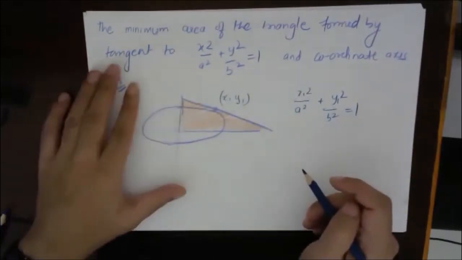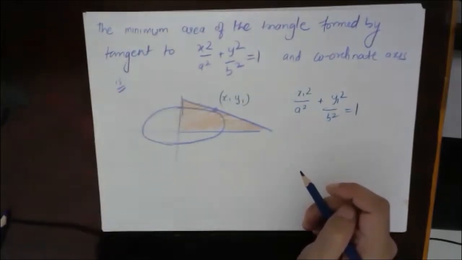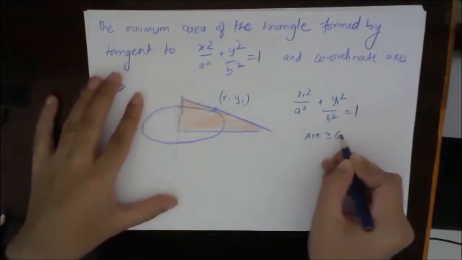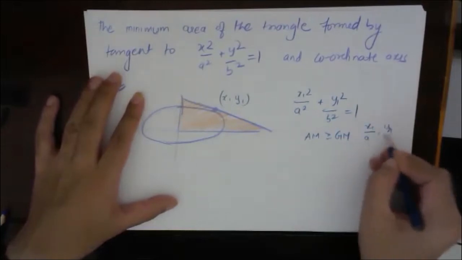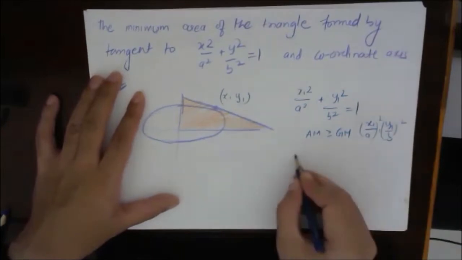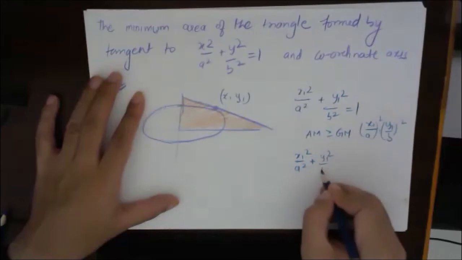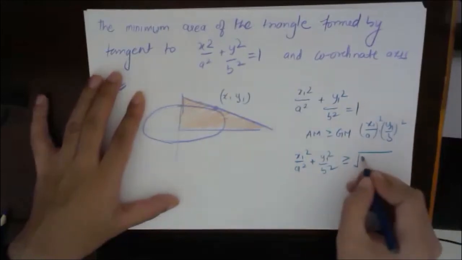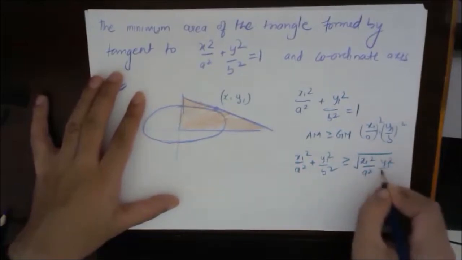Also, one more thing: if I use AM greater than or equal to GM of x1 square by a square and y1 square by b square, this arithmetic mean, x1 square by a square plus y1 square by b square, should be greater than or equal to the root of x1 square by a square into y1 square by b square.